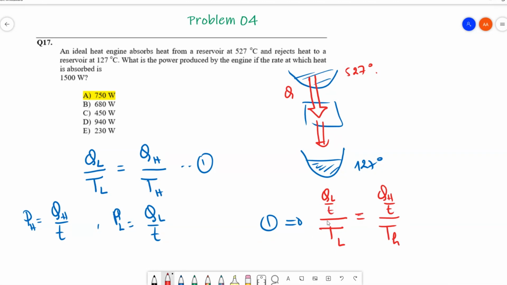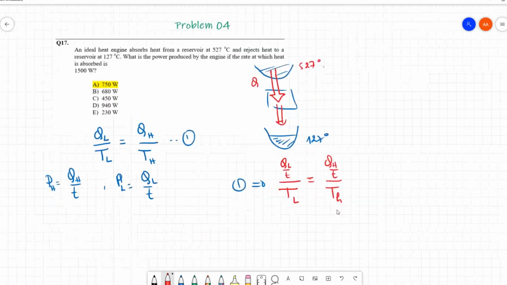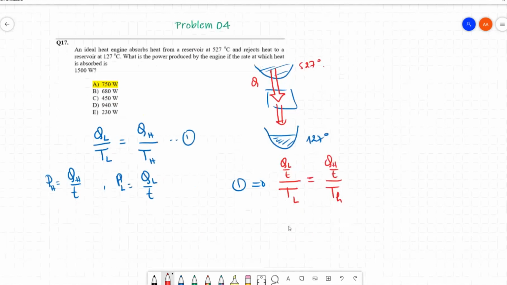We want QL over T, which will be equal to QH over T multiplied by TL over TH.